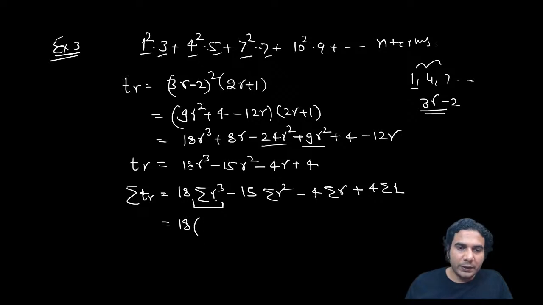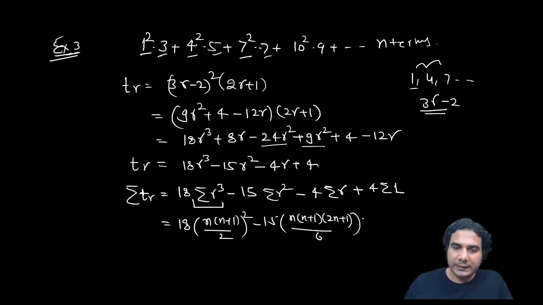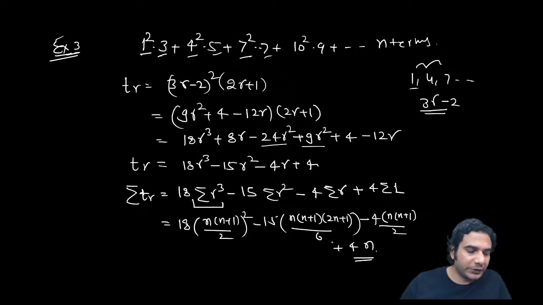So 18 into, put the values and simplify it, so it is n into n plus 1 by 2 the whole square, minus 15 times sigma R square, which is n into n plus 1 into 2n plus 1 by 6. Alright, and sigma R is n into n plus 1 by 2 plus 4 times sigma 1, which is nothing but n. Alright, I've told you sigma 1 is n. So in this way you can write the answer.